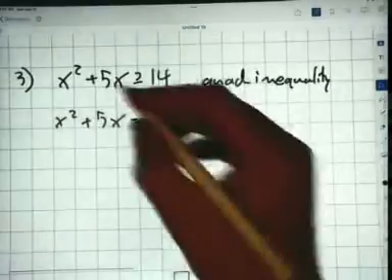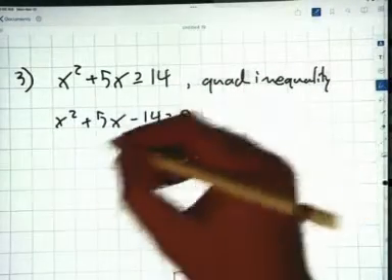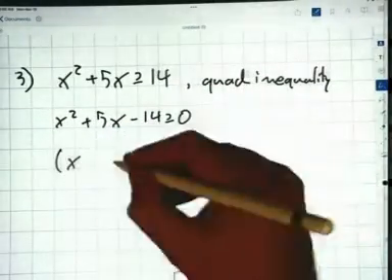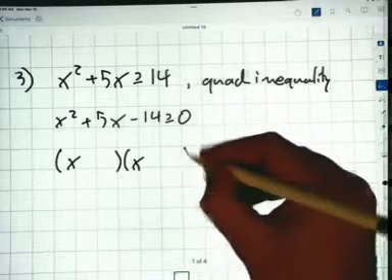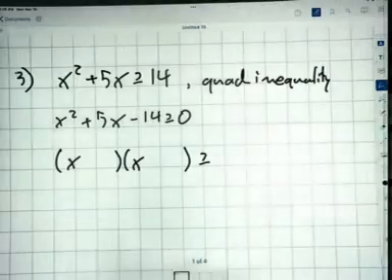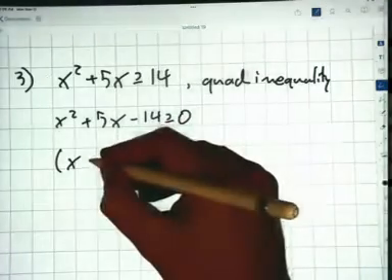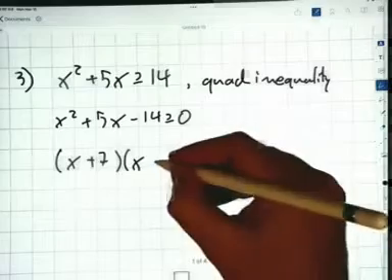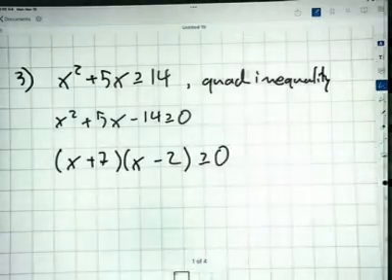Then I would solve this by factoring. So what are the factors of negative 14 that add up to a positive 5? How about a positive 7 and a negative 2?